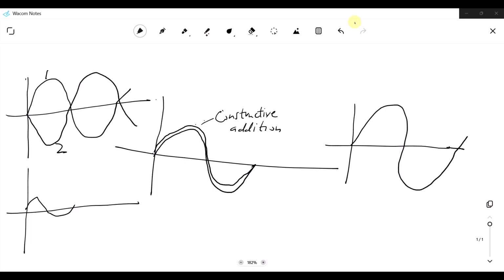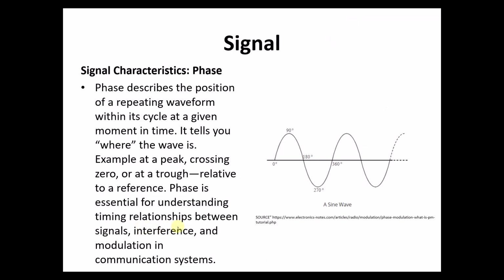So that is what explains the timing of signals, and this affects interference. If they are in phase, there's no interference. If they are out of phase, there is interference, and then they will cancel out, or the signal will lose power. That is what it means. And then we also use phase to help carry data onto the signal.